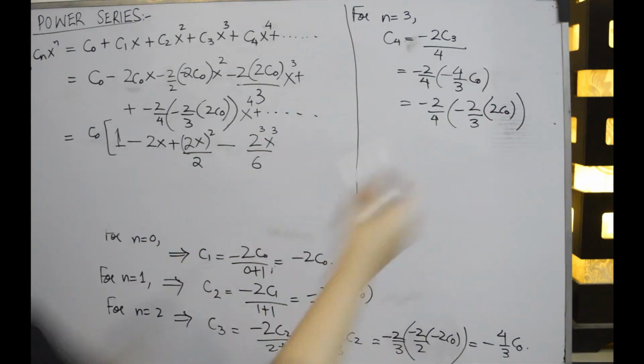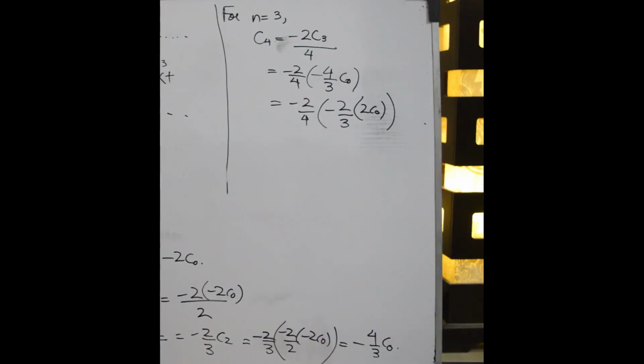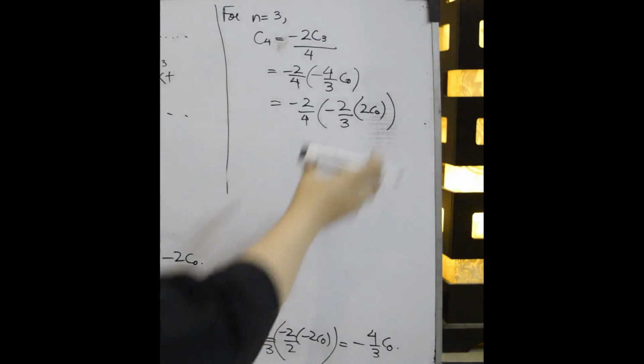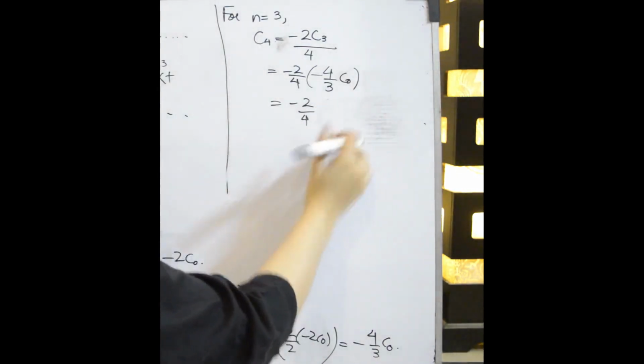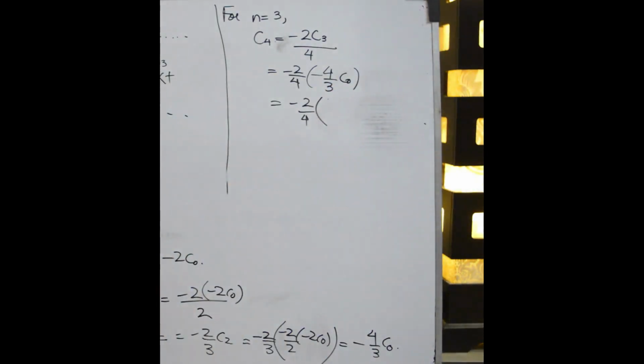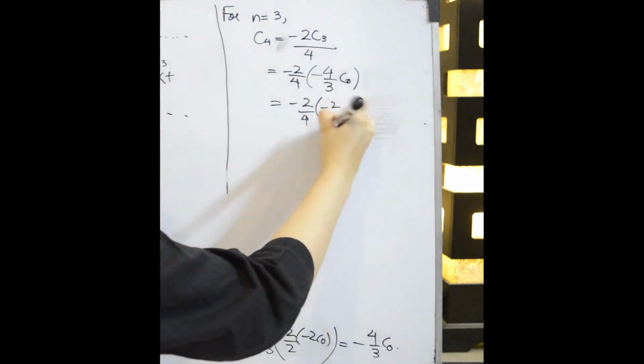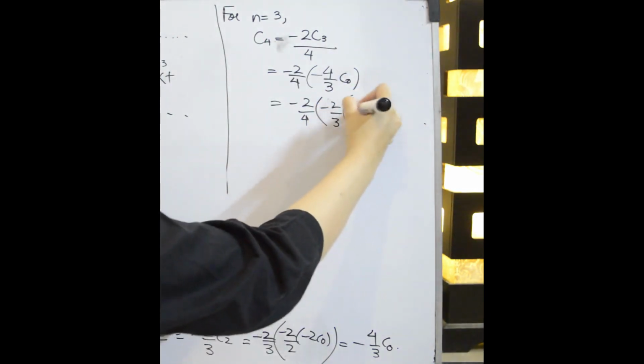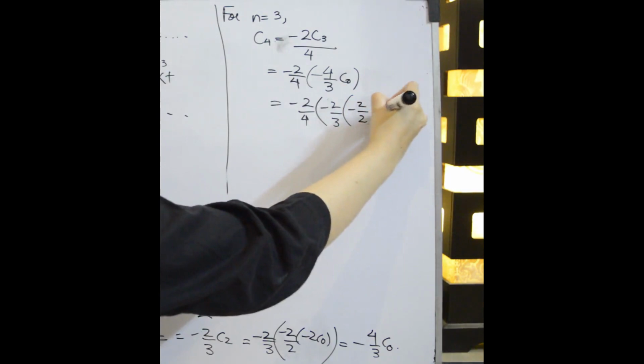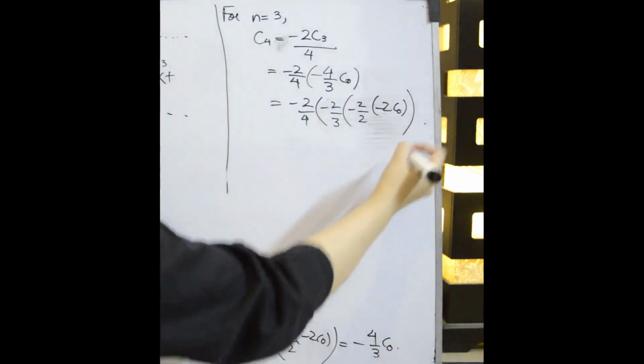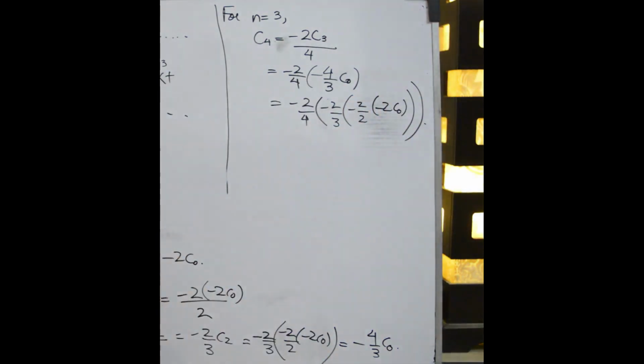Alright, and next step is minus 2 by 4, and in the bracket you can write it as minus 2 by 3 into minus 2 by 2 into minus 2 C naught, and close the brackets.